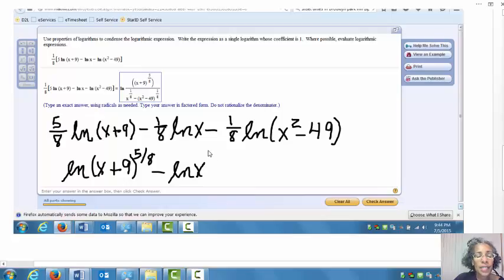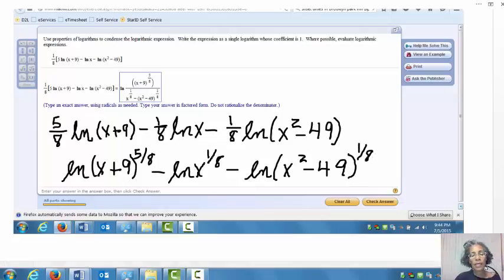This 1/8 becomes the power applied to x. And notice how I left the minus sign here. I only worked with the numerical portion of that coefficient as my power. All right, so there I've applied the power rule.